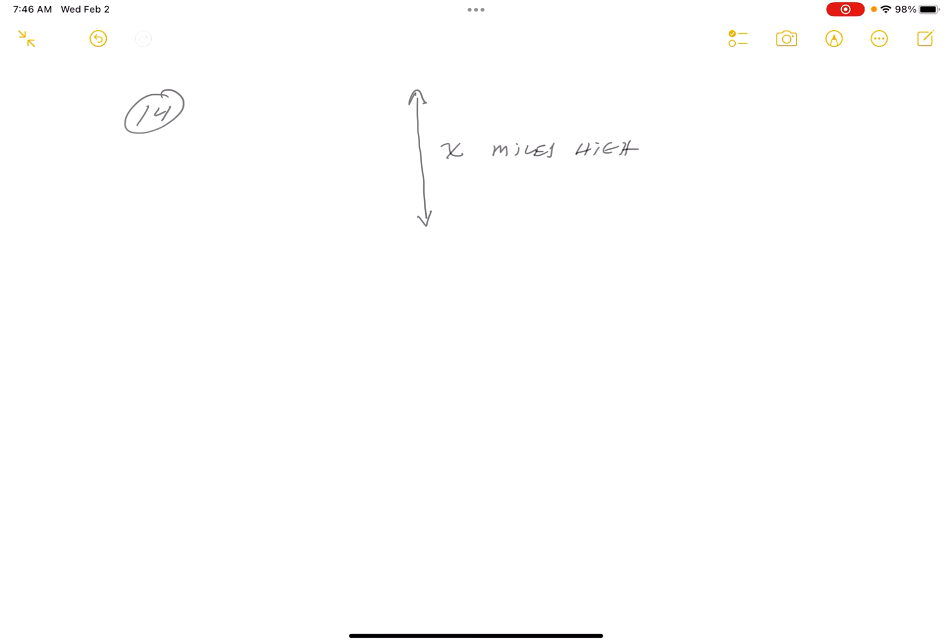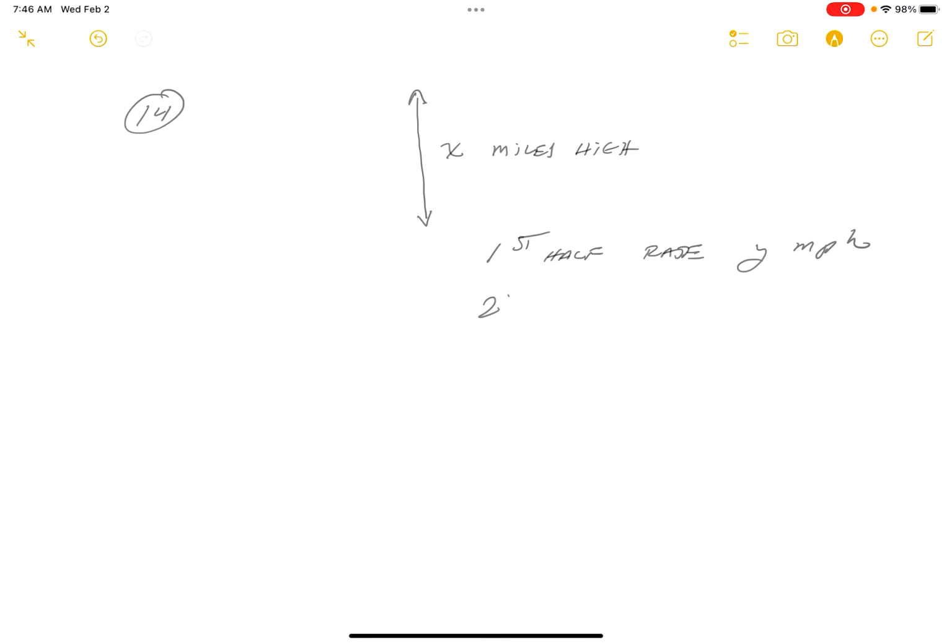So a man ascends the first half, right? So he ascends the first half at a rate 1/2 mile. Oh, let me see. A man ascends the last half. All right, so the first half, I'll write this down, the first half. His rate is Y miles per hour.